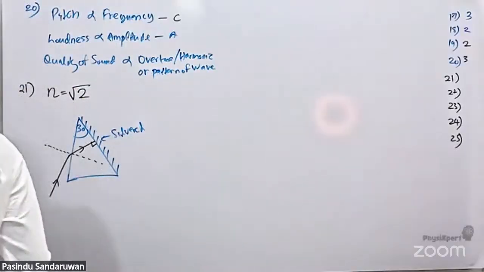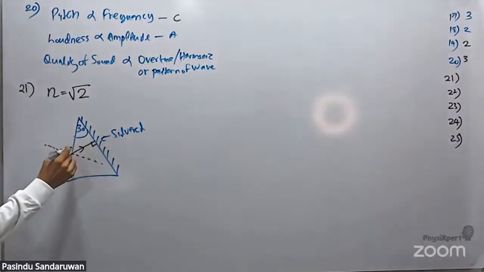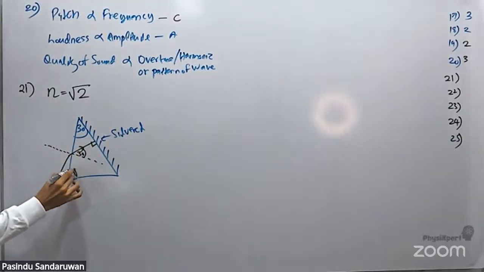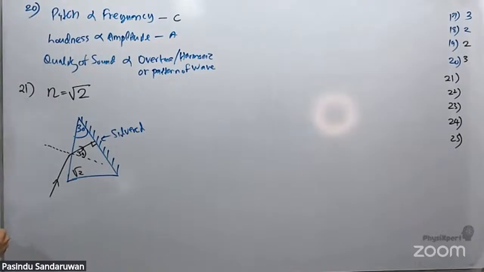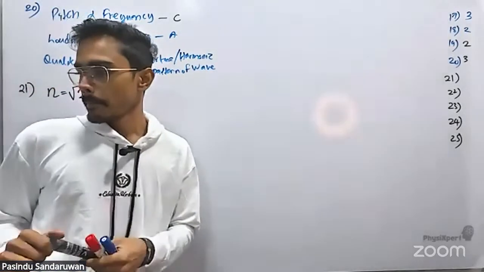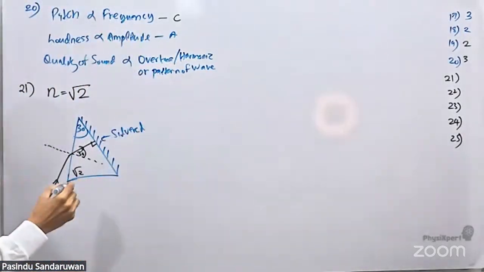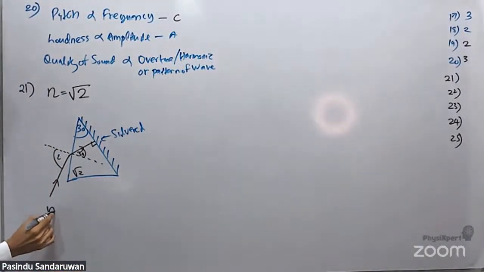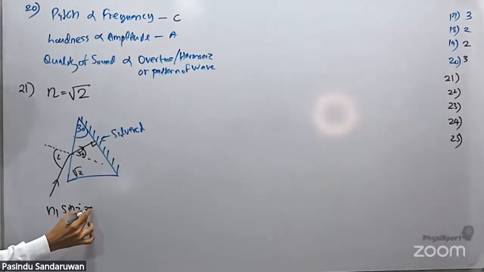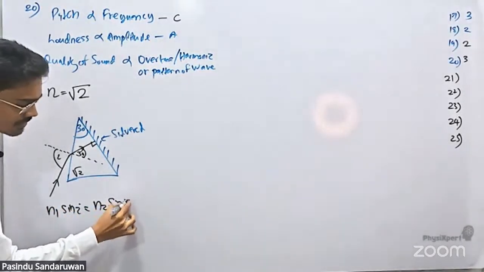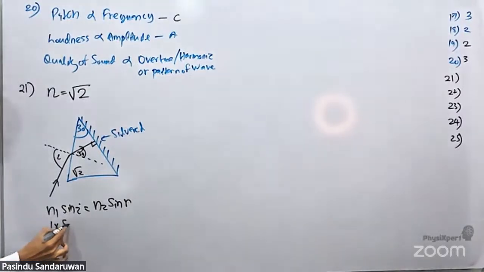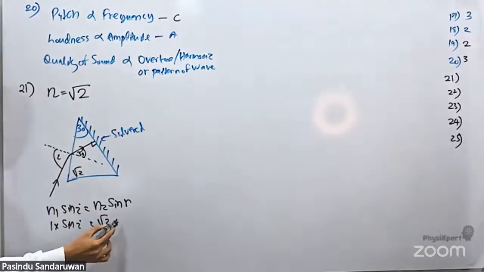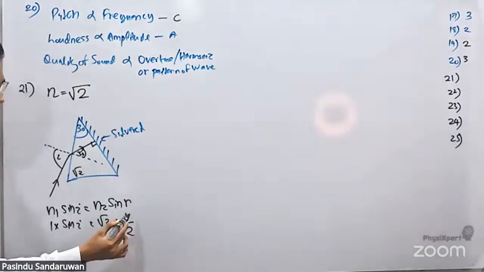Okay, then if this is 30, this angle should be 60, which means this is again 30, no? The refractive index is √2. Then what we need is the incident angle I. So use Snell's law here: N1 sin I equals N2 sin R. N1 is 1, times sin I, equals N2 which is √2, times sin R which is sin 30, half.